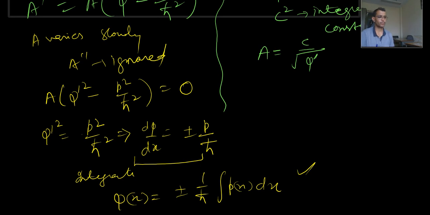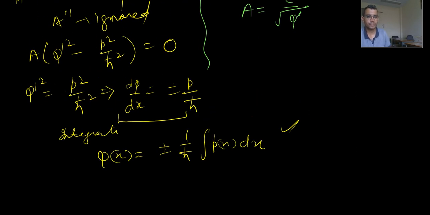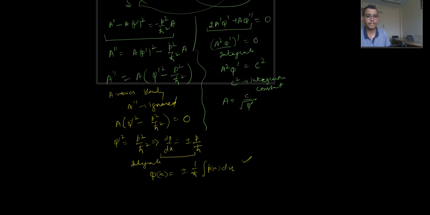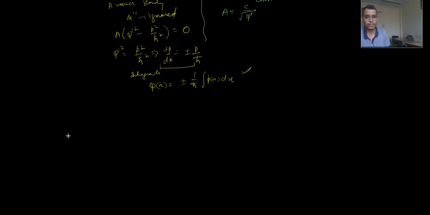So that means the wave function psi is equal to a exponential of iota phi of x, and a is also a function of x.